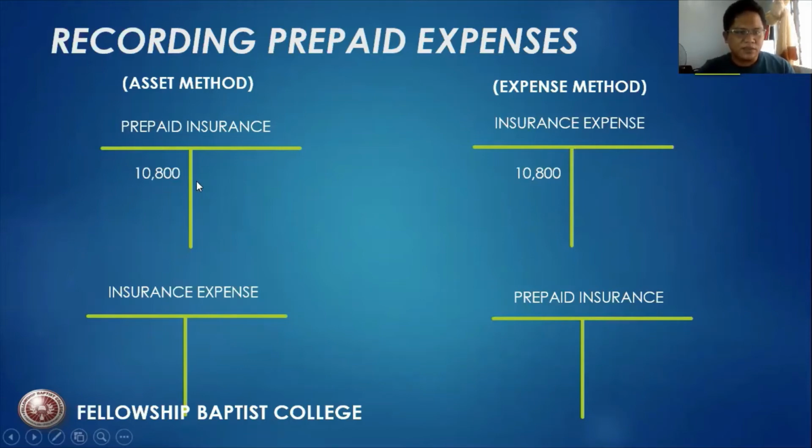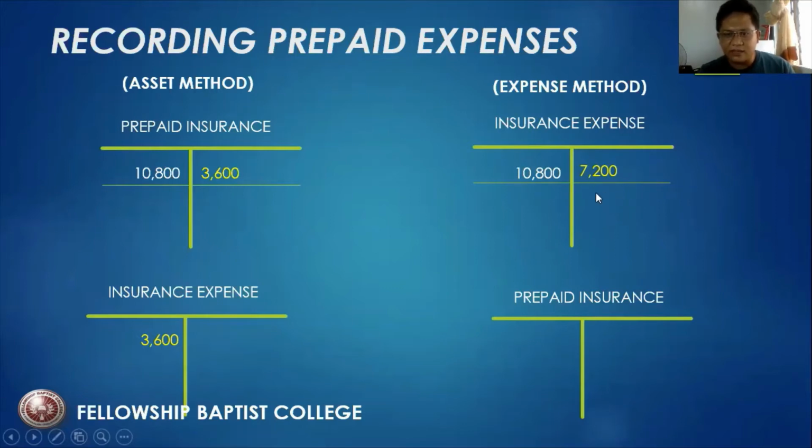So under the asset method, 10,800 is the total payment, but only 3,600 was expired. So we have to transfer this to our insurance expense account, which is also 3,600. That's under the asset method: the expired portion is our adjustment. Under the expense method, 7,200 is not yet expired. Insurance expense is the expired portion, so 7,200 is not yet expired.